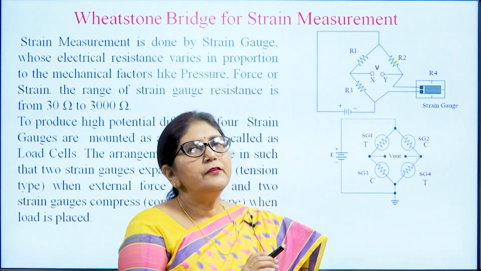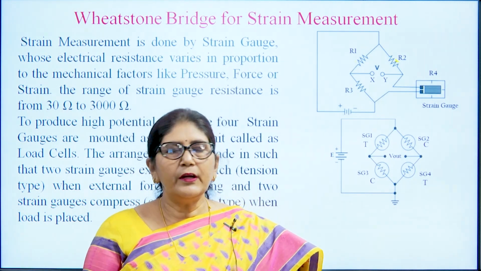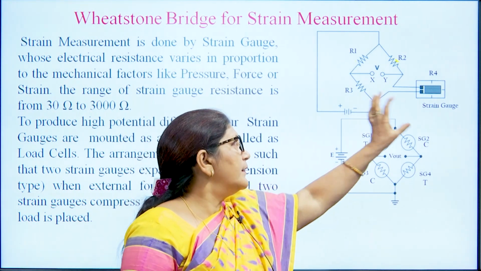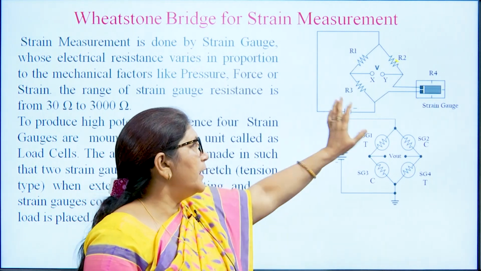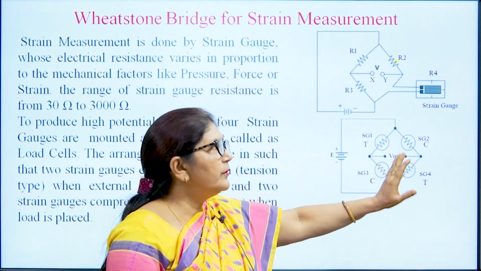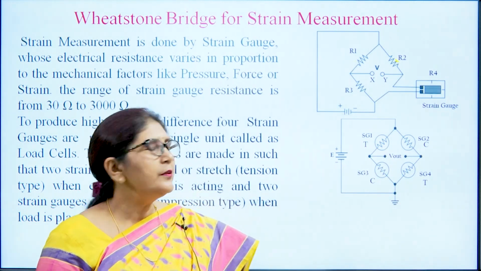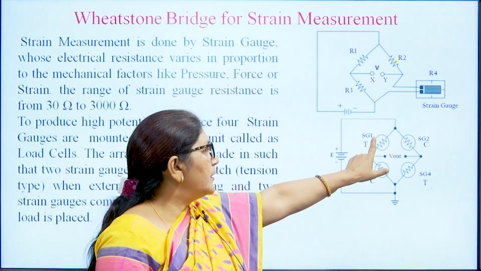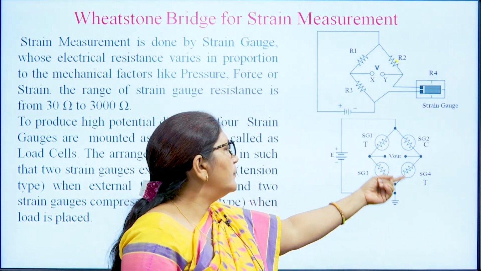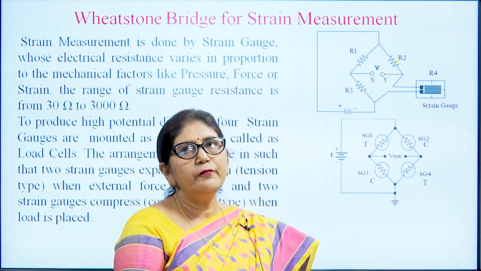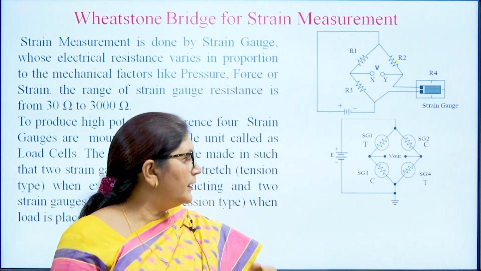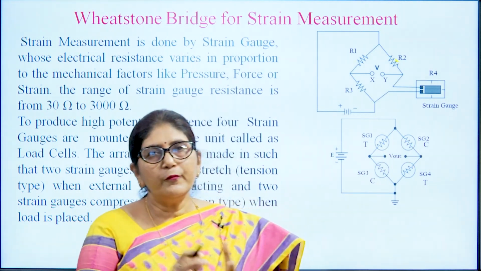Generally, the voltage difference produced by a single strain gauge is very low, and the second thing is, if there is any environmental change affecting that measurement, it will not be accounted for in this diagram. So, what we do is use 4 strain gauges in the form of a bridge. As we know, the product of the opposite arms is the same. Here we are using 4 strain gauges, in which 2 strain gauges are in tension, and the other 2 are in compression.